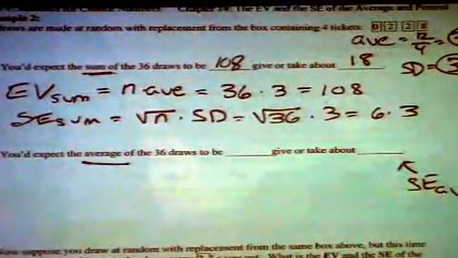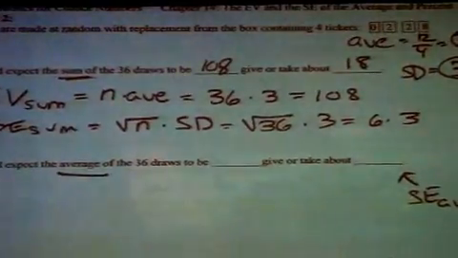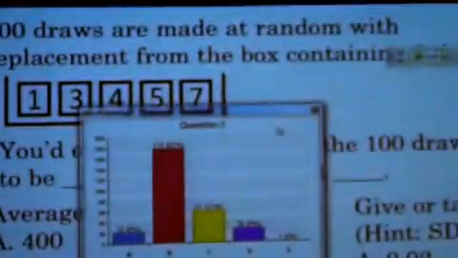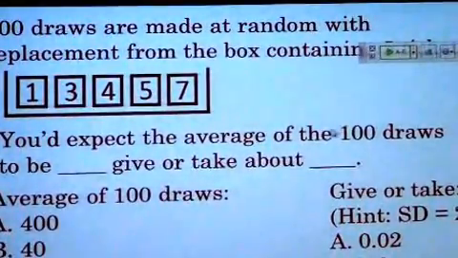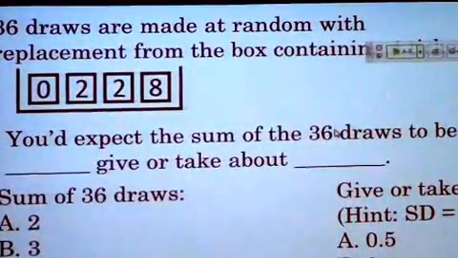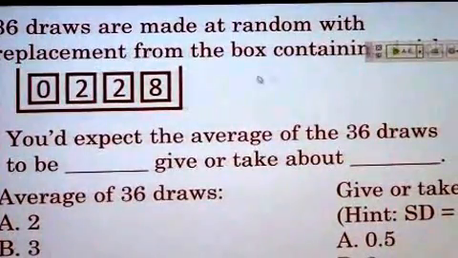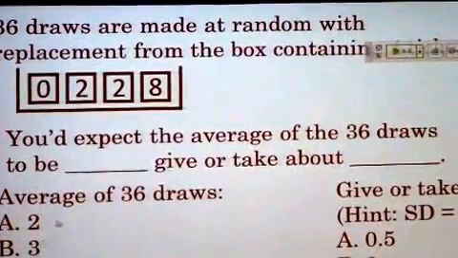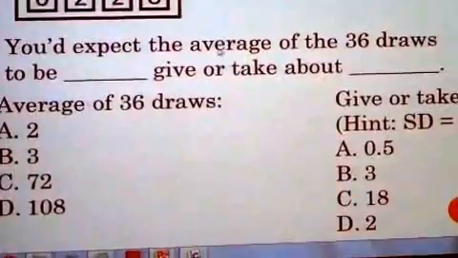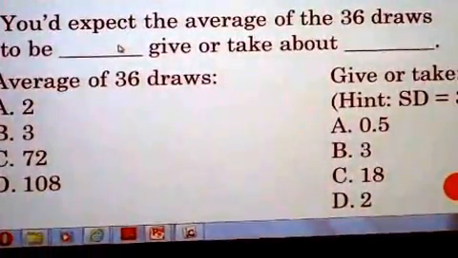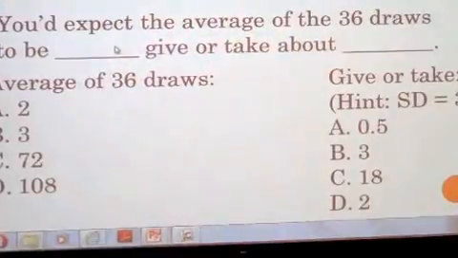Okay, so let's do it. Let's go back to the PC and get rid of this and go down to the next one. Okay, here it is. Let's start it. And we're going to do this first. Fill in this blank. You'd expect the average of the draws.